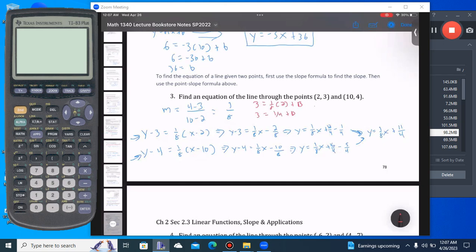So b equals 3 minus 1/4, which is 11/4. So this becomes then y equals 1/8 x plus 11 over 4. There's only one way to write the slope-intercept form. But there's multiple ways to write the point-slope form because you have multiple points on a line.